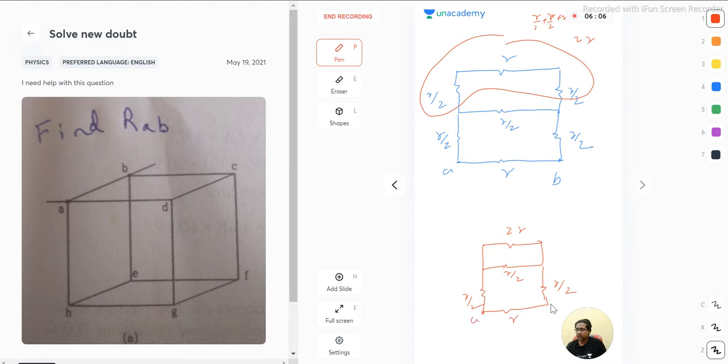So this is 2R, and this is R by 2, and this is R by 2, and this is R. This is point A, this is point B, and if we see that these two are in parallel, so 2R into R by 2 divided by 2R plus R by 2. So R and R, 2 and 2 get cancelled out, and we got 2R by 5.